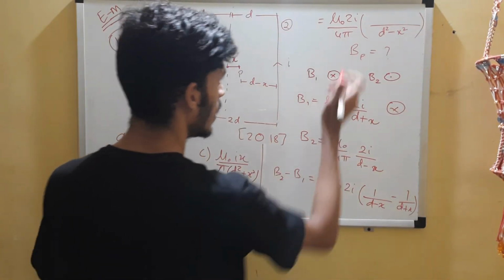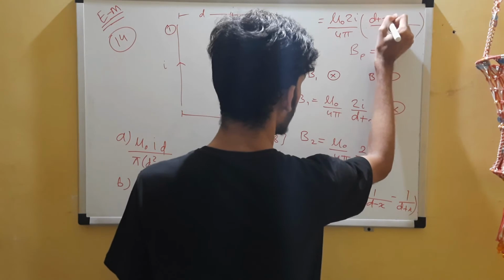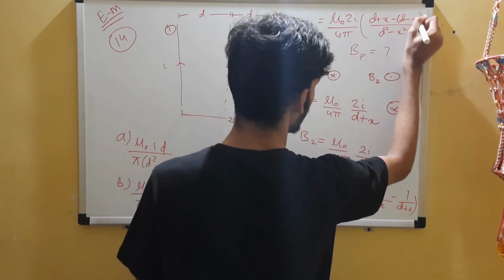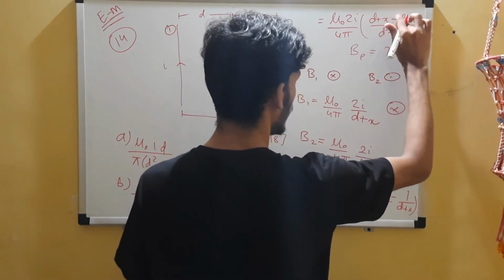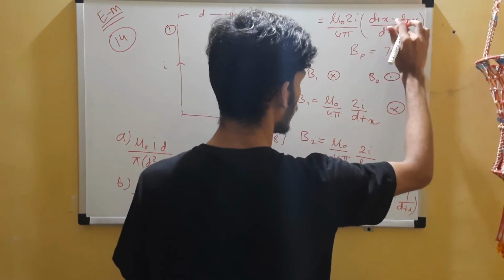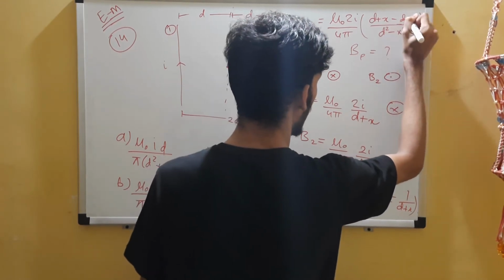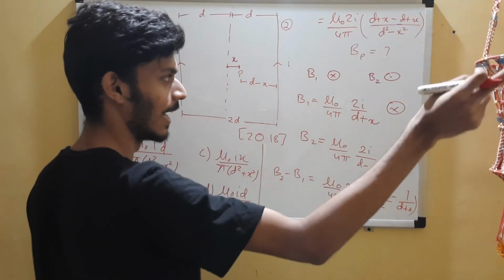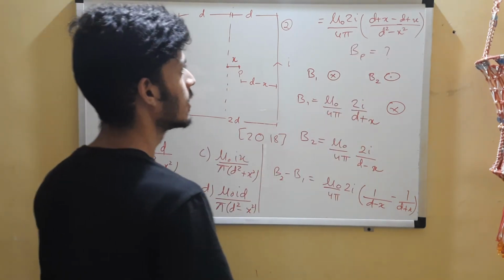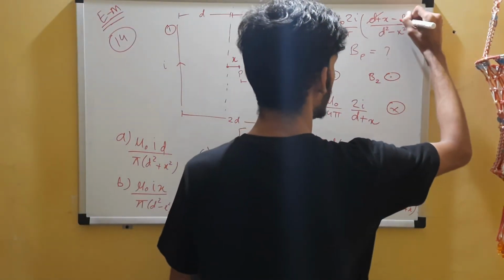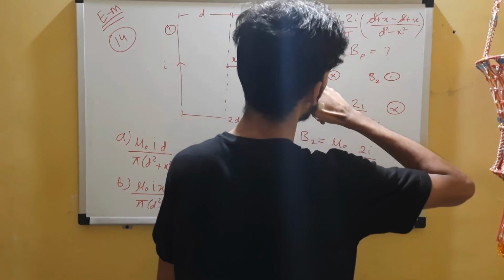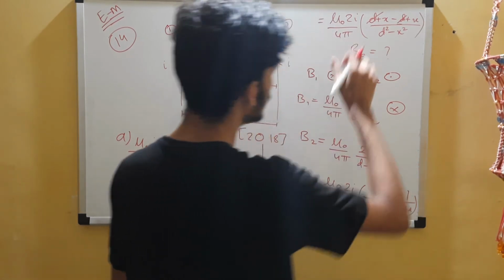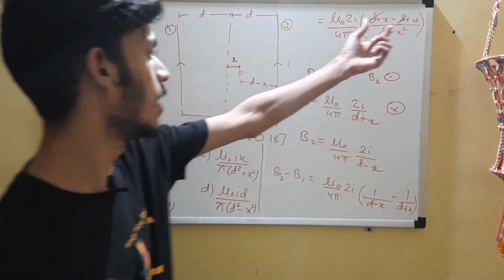Okay, so here we'll have D plus X minus D minus X. I'll open this bracket directly, so minus D, and here it will become plus X. So D and D will get cancelled. So you'll get mu 0 and here you'll get 2x, right?